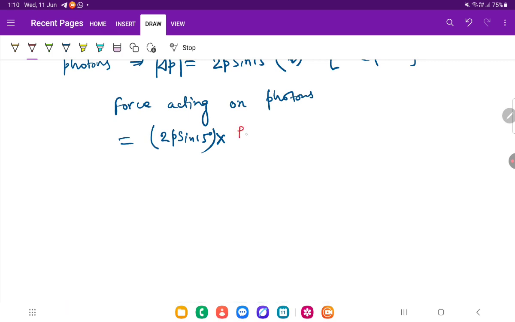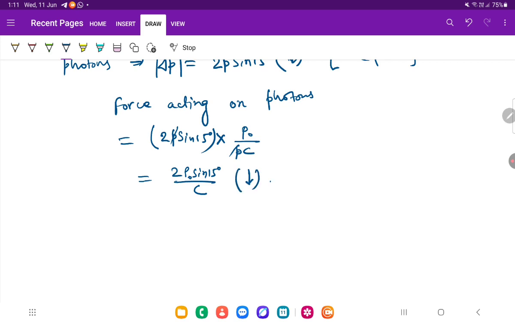So let's multiply this with p naught by pc. So this one is the number of photons incident per unit time, and this is the change in momentum per photon. So we'll get change in momentum per unit time, and that is obviously the force. So this is the force, p gets cancelled, this will be 2p naught sin 15 degrees by c, and obviously this is acting vertically downward.